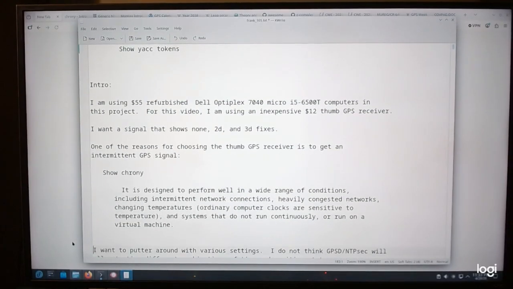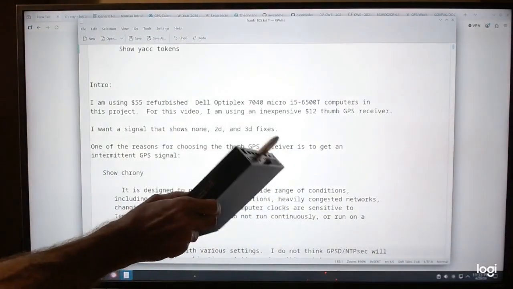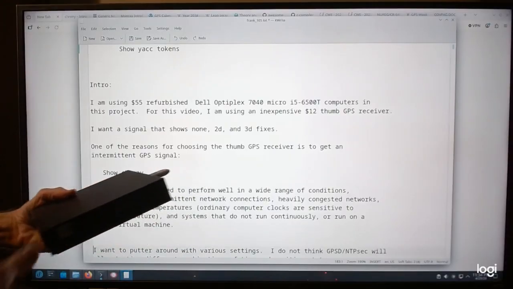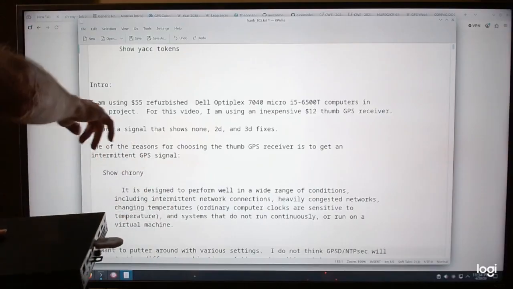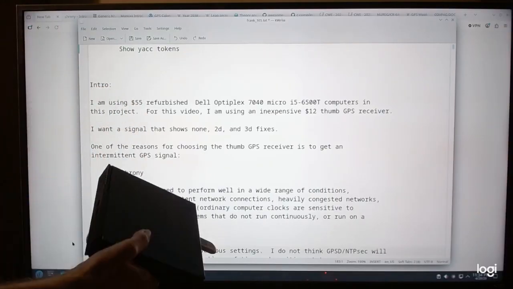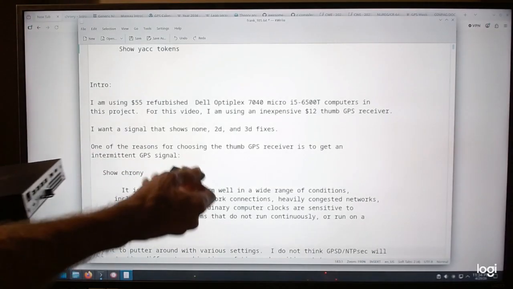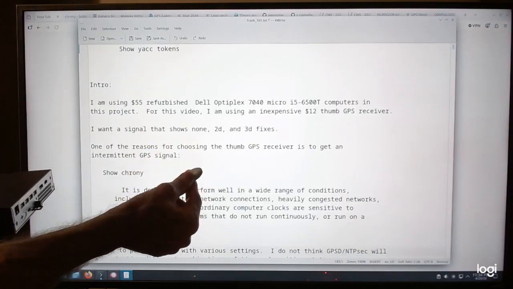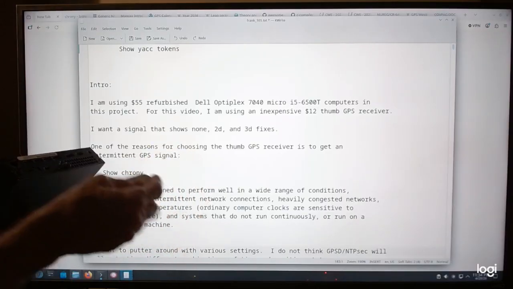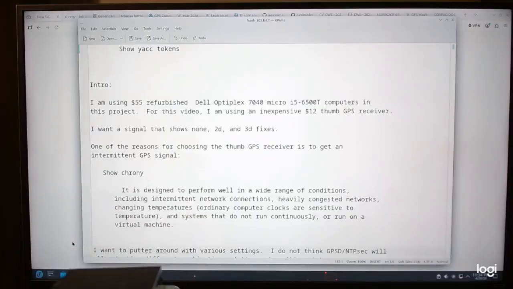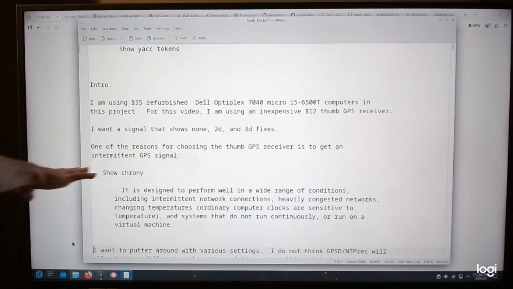Now, what I'm doing is I've got these micro PCs that I bought, $55 refurbished PCs, and I've got this little thumb drive, that little thumb GPS receiver. I want that because I want a signal that's kind of intermittent.